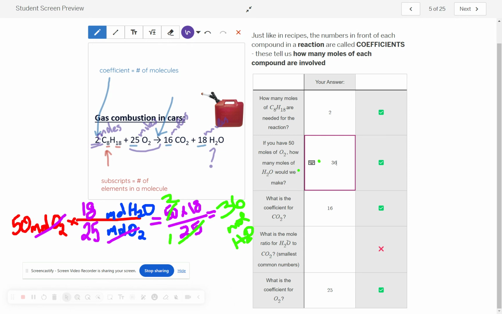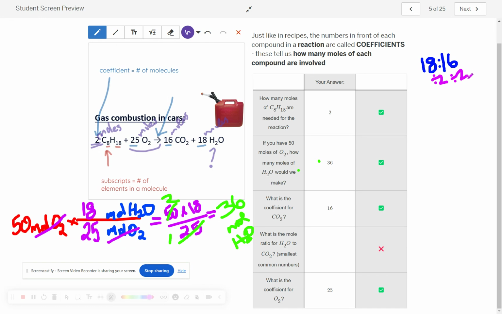And the last one is the mole ratio for H2O to CO2. So H2O from our reaction is 18 and our CO2 is 16, but we need to simplify this down. So a common factor between 18 and 16 is at least 2. We could at least divide it by 2. So we're going to divide both sides by 2.